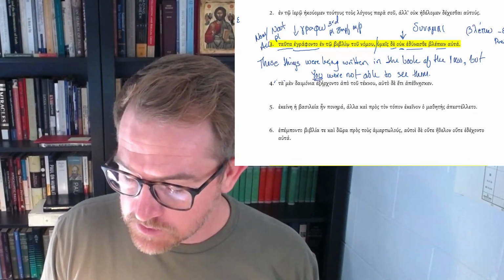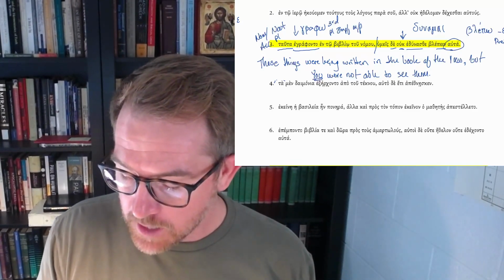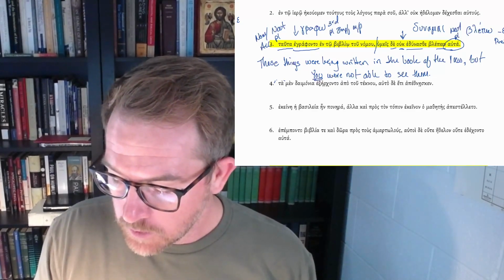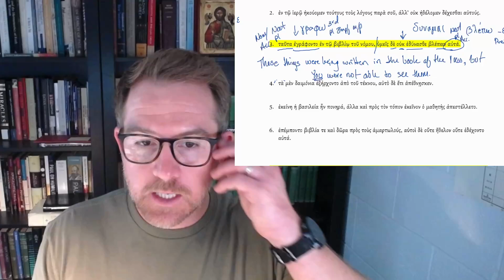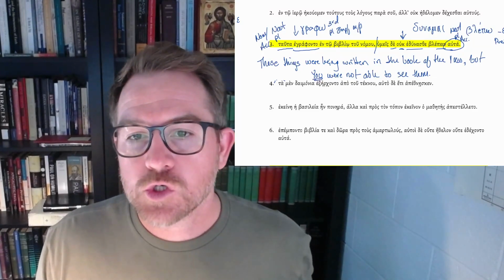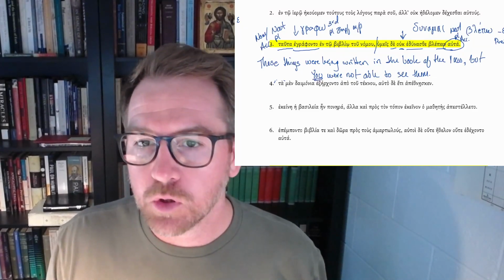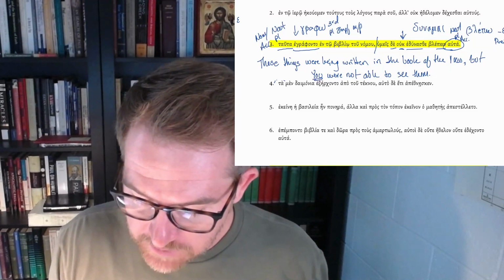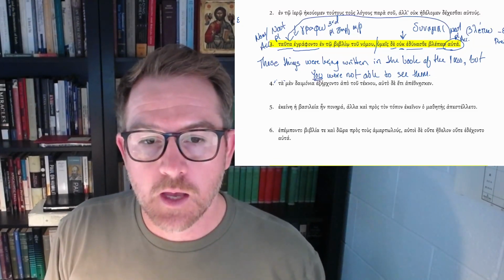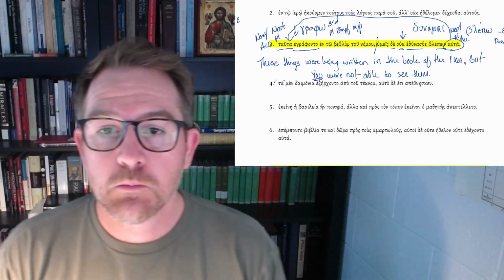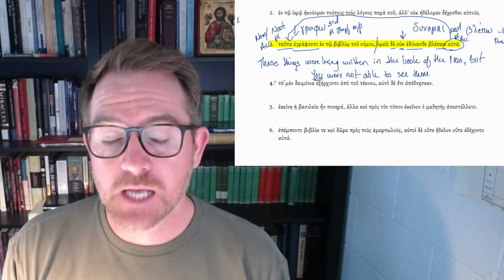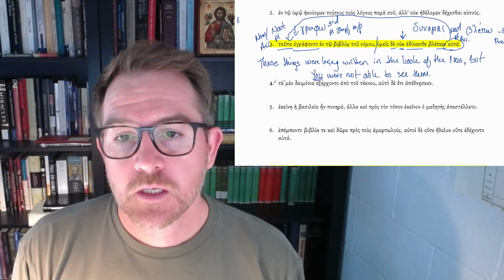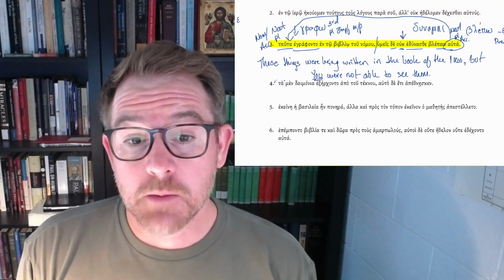Now, this them, auta, is neuter, plural, accusative, and it's the pronoun. Because it's neuter plural, the antecedent is probably all the way back here, these things, because it is also a neuter plural pronoun. Auta is not a demonstrative pronoun, it's a personal pronoun, them. But that's the most likely antecedent.